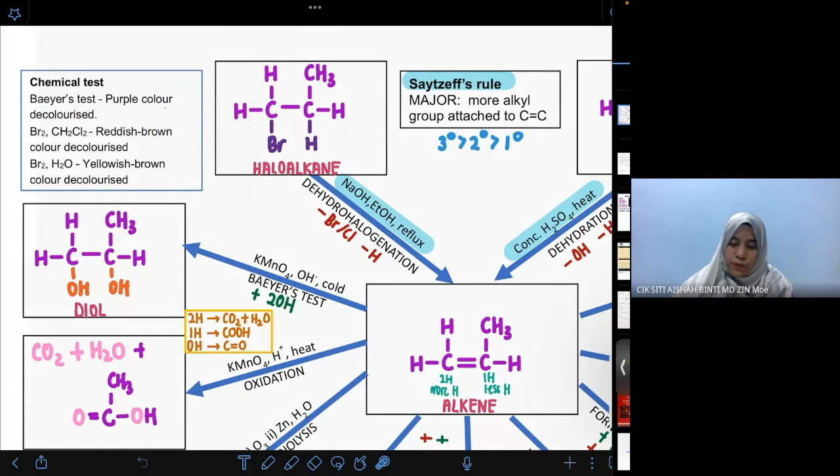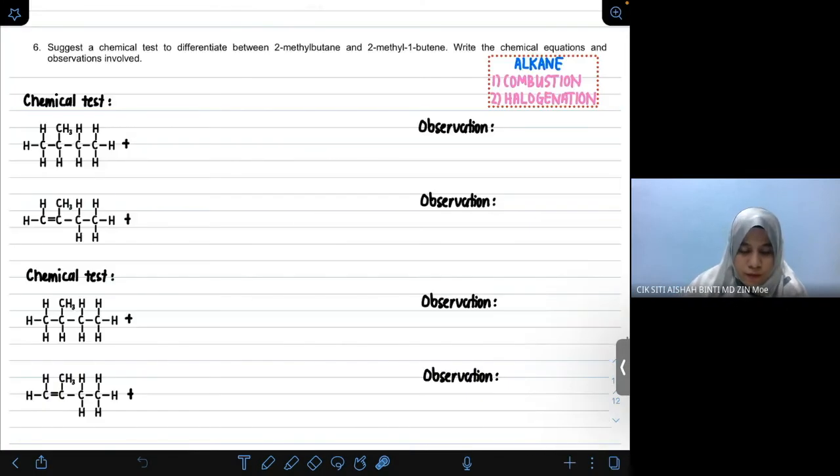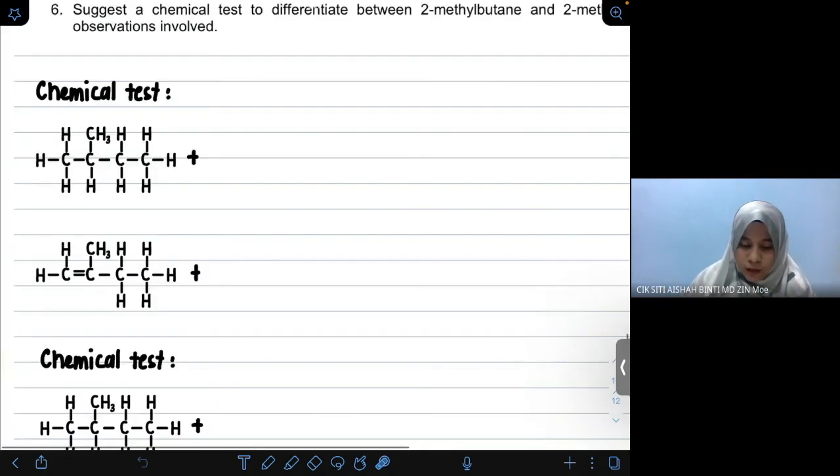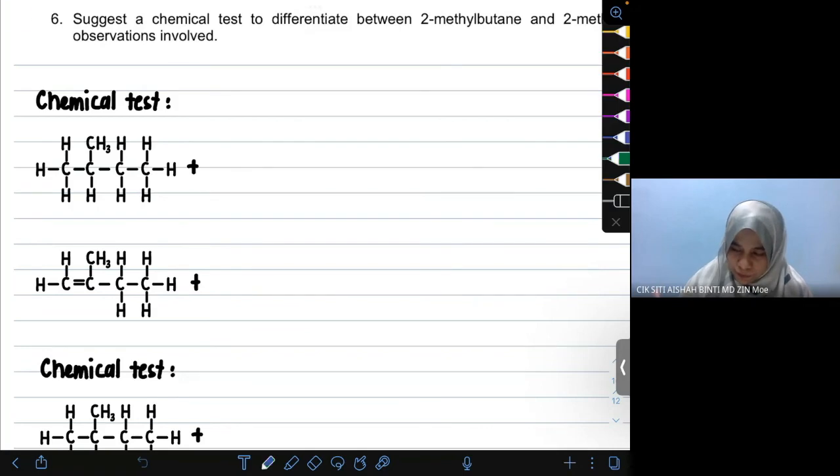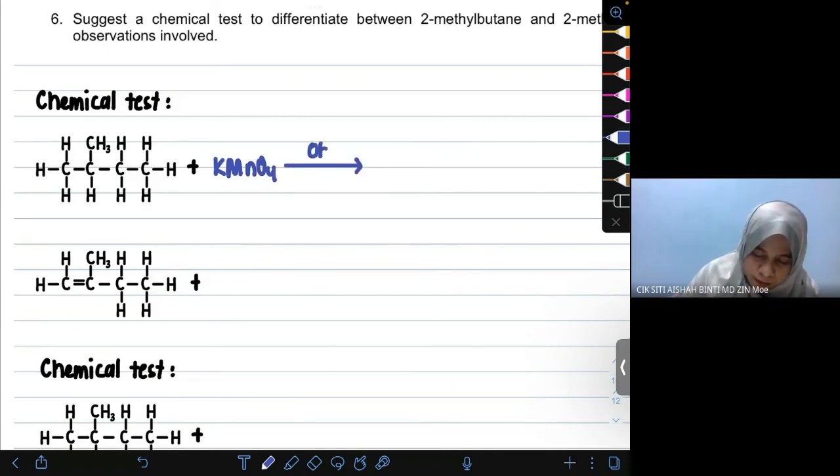Okay, so when we look back to the examples, the first one is 2-methyl butane. But we know that for alkene we're going to add 2 identical atoms. But how does the reaction work when it reacts with our alkane? So in this case, we have to write down plus KMnO4 and then OH minus, cold.